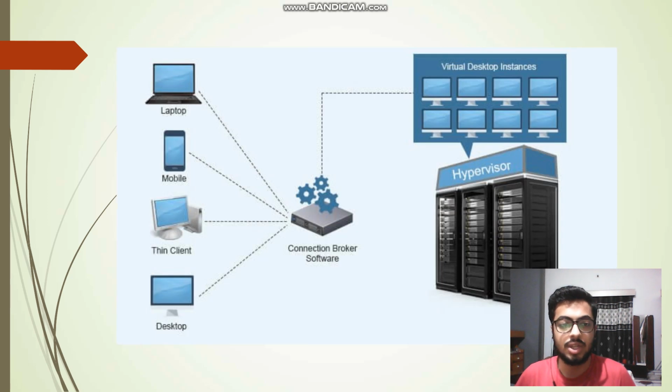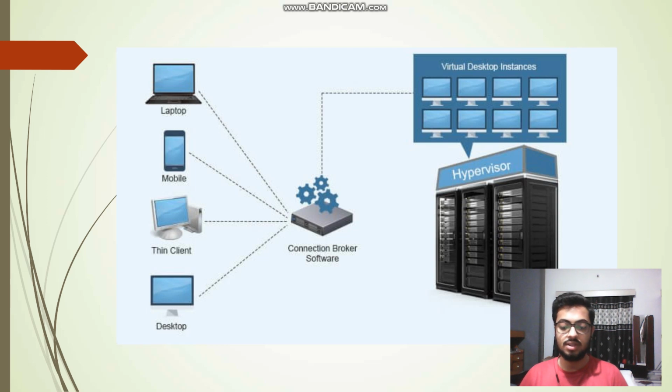Here is the working of VDI, how the virtual desktop infrastructure works. When a user logs in to their desktop from the client server, the request is accepted by the connection broker after authentication. The connection broker then analyzes the request and sends the user to their desktop in the desktop pool.